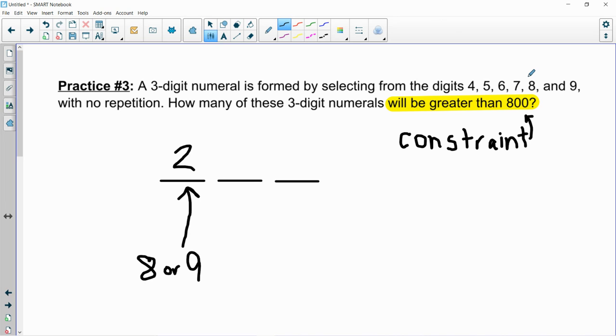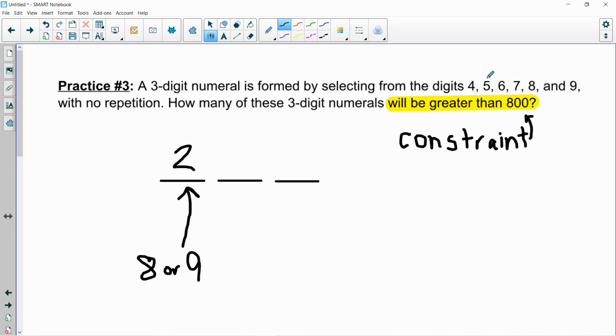The answer is yes. And that's good news, because that means it doesn't matter which numbers we put here and here. Now, what I want you to remember is these numbers that we fill in, we're talking about how many options we have. How many different numbers can I put here? I can put 2. Now, I'm only going to put 1. I'm only either going to put the 8 or the 9.